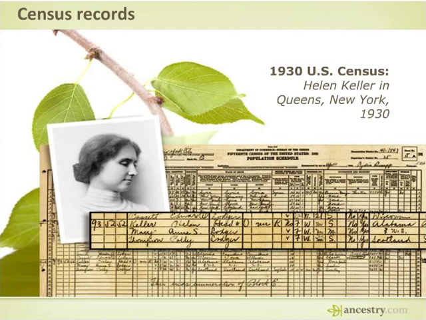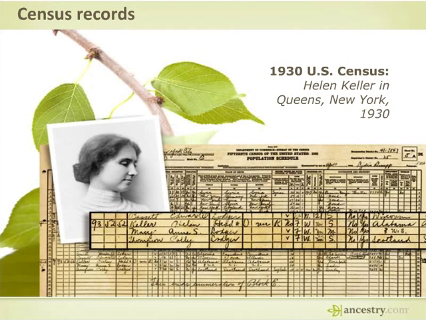And the most recent census that's available to us is the 1930 census. That's because there's a 72-year privacy restriction on these records. So we can expect the 1940 census to be released to the public in 2012. But you can learn a lot of interesting details, and we'll talk a lot more about census records in a little bit.